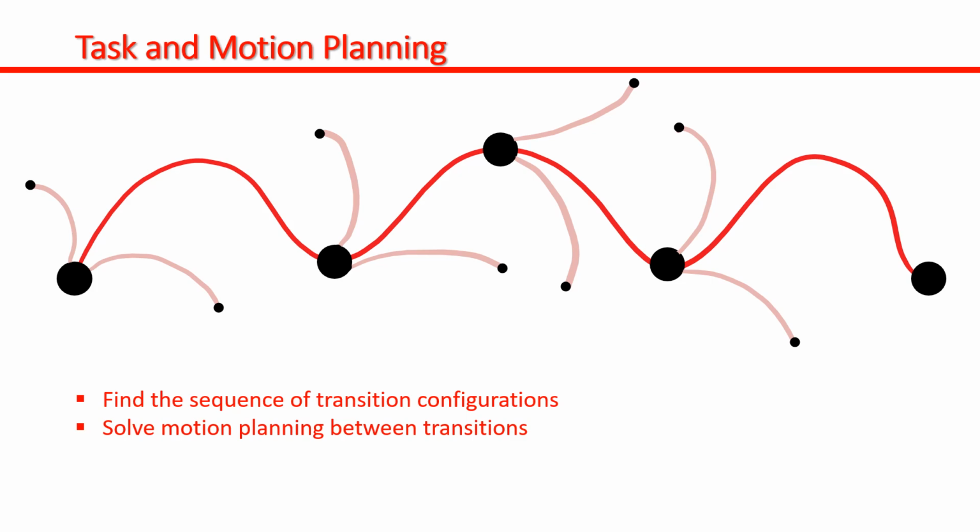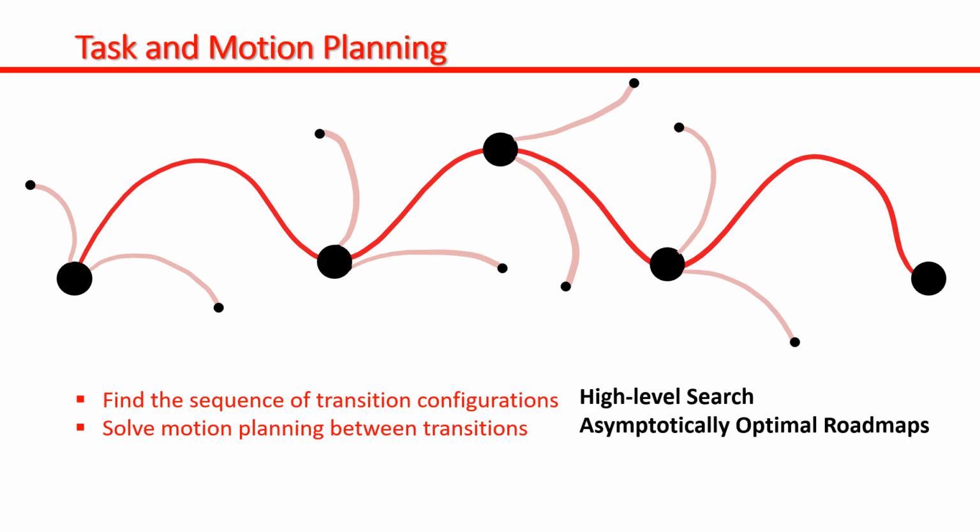So you need to figure out the sequence of transition configurations you want to explore. You also want to figure out the best way to move between any two pairs of these transitions. And the way you do that would be with a high-level search that explores different transition configurations. And for the purposes of this talk, we will focus on asymptotically optimal roadmaps as a method for motion planning between two transitions.